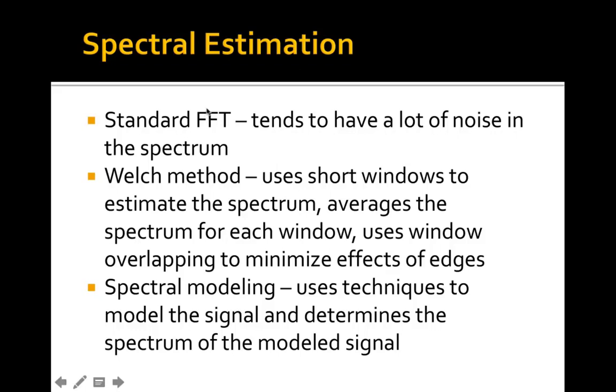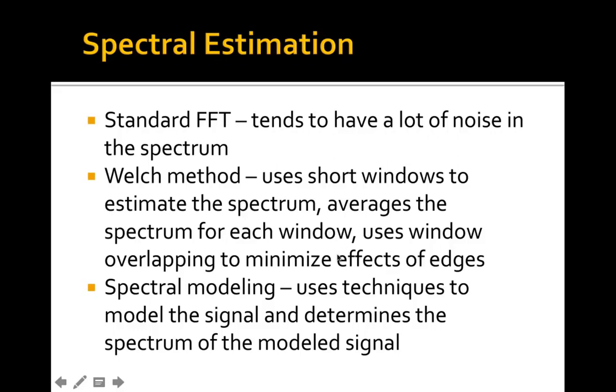All right, well, if we just take a standard FFT, these tend to have a lot of noise in the spectrum. So many individuals who do this kind of work use what's called the Welch method. What the Welch method does is it uses short windows in the time domain, estimates the spectrum, averages the spectrum of each window, and it does overlap windows.